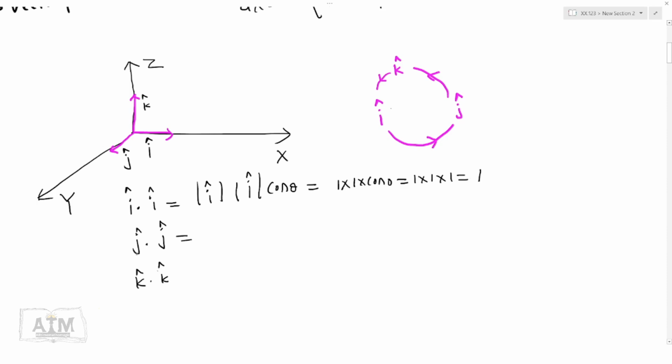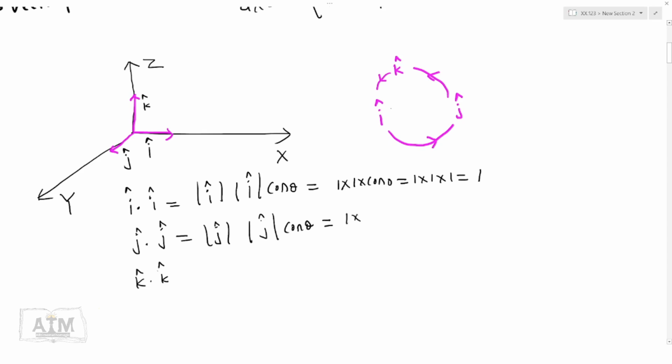Similarly, j cap dot j cap equals the magnitude of j cap multiplied by the magnitude of j cap multiplied by cos theta, where theta is the angle between two similar vectors directed in the same direction. Both the j vectors are directed in the same direction, therefore the angle between them is 0.